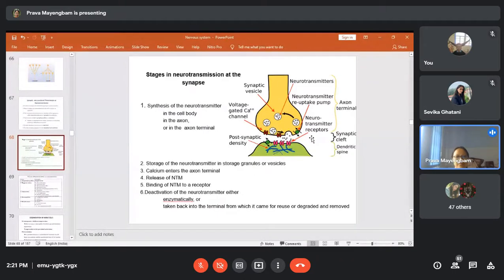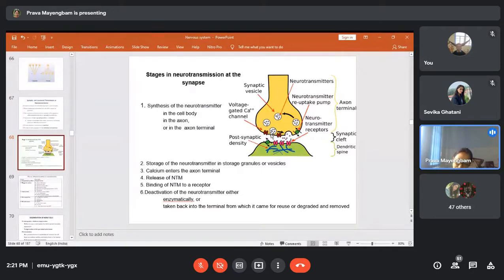Okay, so firstly, when there is change in the action potential, or when there is change in the resting membrane potential, then there will be entry of calcium ions from extracellular fluid to the inside of the axon terminal. Due to this, there will be movement of the synaptic vesicles towards the end of this axon terminal.